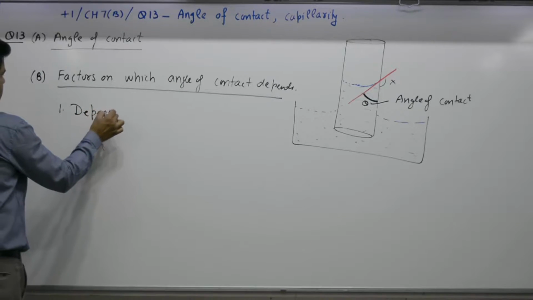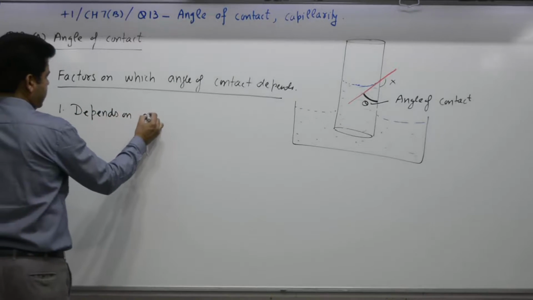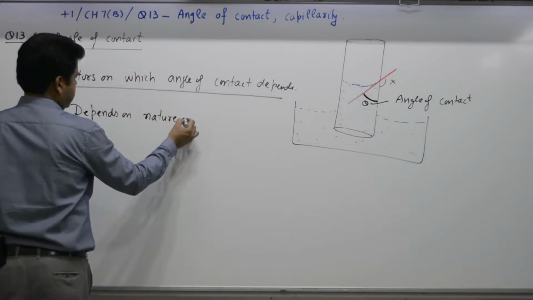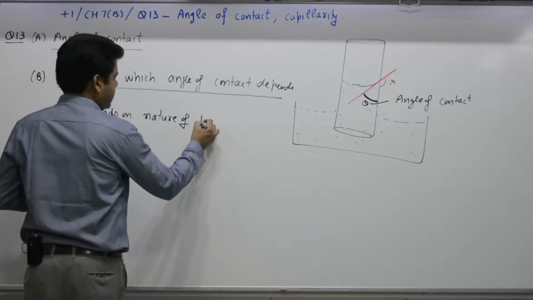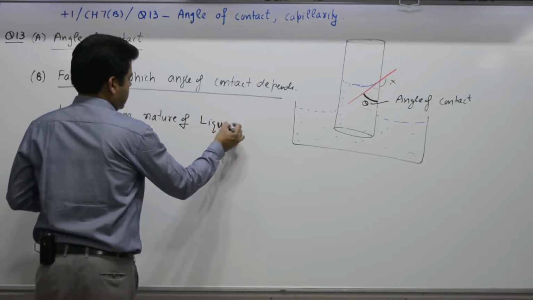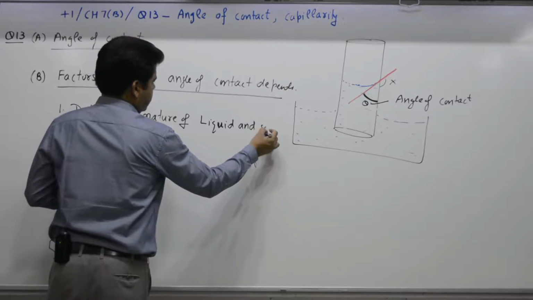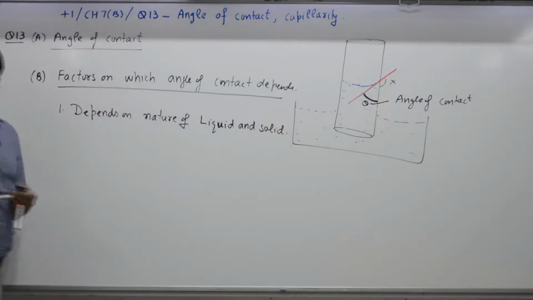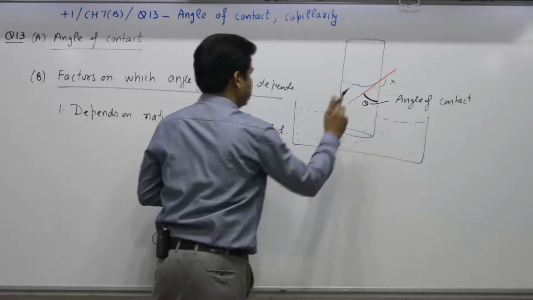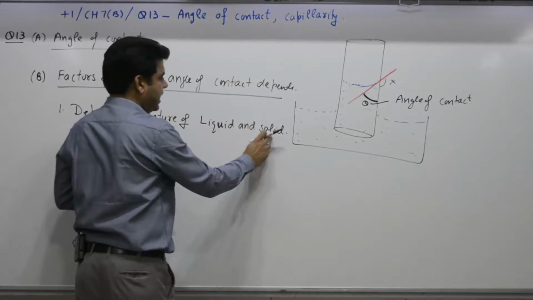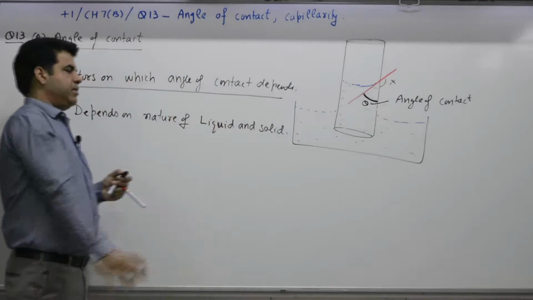I repeat, depends upon the nature of liquid and solid in contact. In this case, liquid is what? Water. Solid is what? Glass. So, it is water and glass. So, it is a pair property.